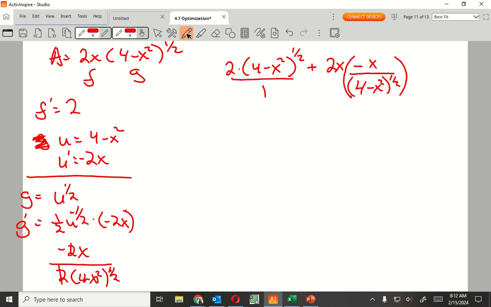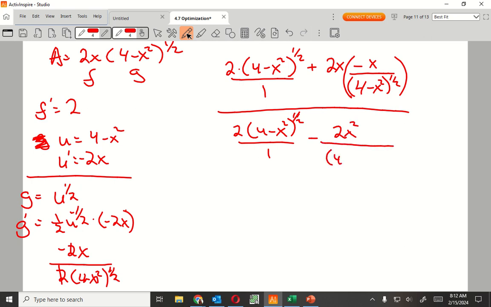When I have 4 minus x squared to the 1/2 times 4 minus x squared to the 1/2, that's gonna give me a whole, right? 1/2 plus 1/2 is 1 whole, and that's gonna clean up a lot on the top. But before I do that, I wanna clean this up a little bit. So it's gonna be 2 times 4 minus x squared to the 1/2 over 1, and this is gonna be minus 2x squared over 4 minus x squared to the 1/2.